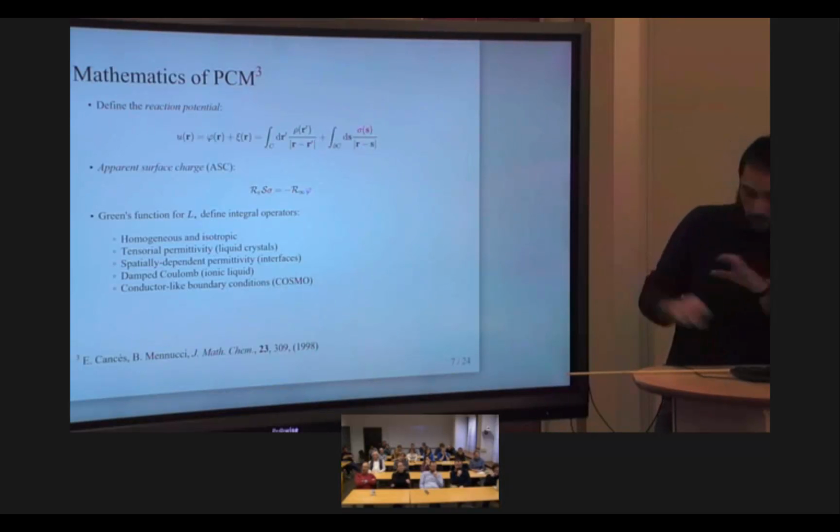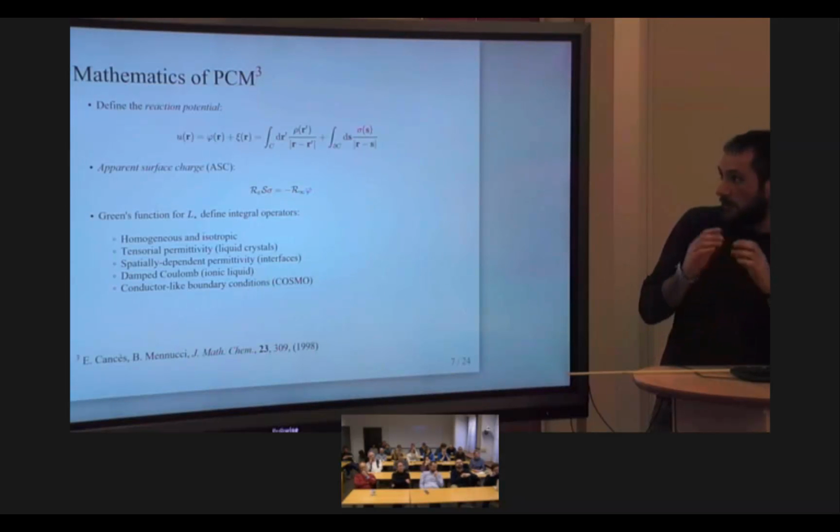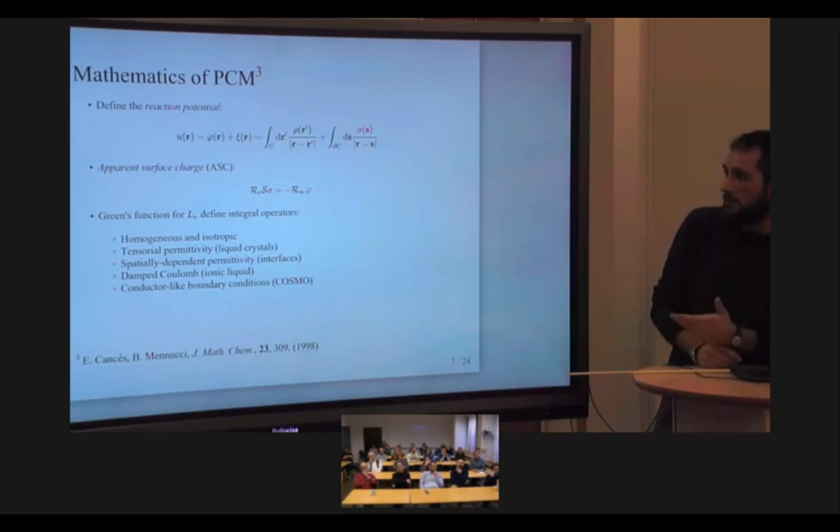So we split this U, the solution, into the electrostatic potential generated by the charge density rho inside the cavity in vacuum, plus what is called the reaction potential, that we will represent as the charge density that is spread over the cavity. So this object is something that lives only on the cavity and can be found as the unique solution to an integral equation reported here, where the R and S operators are now integral operators.